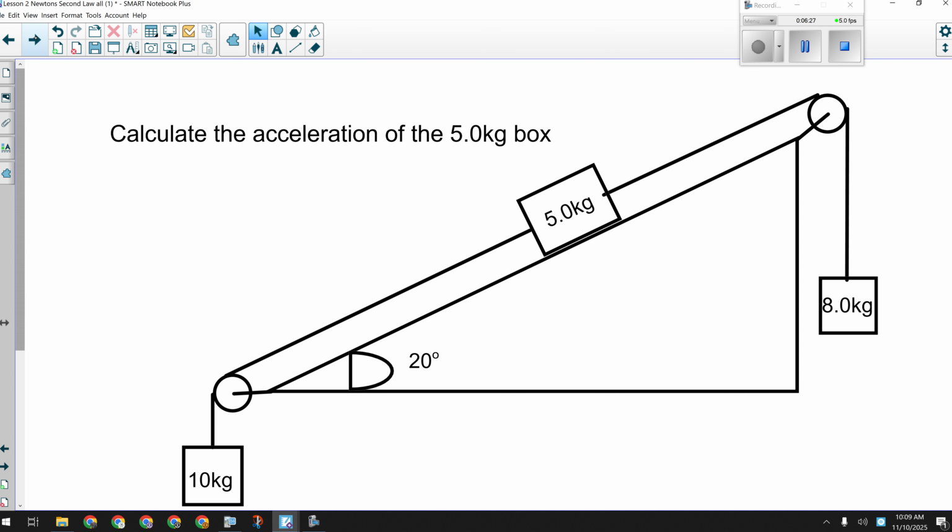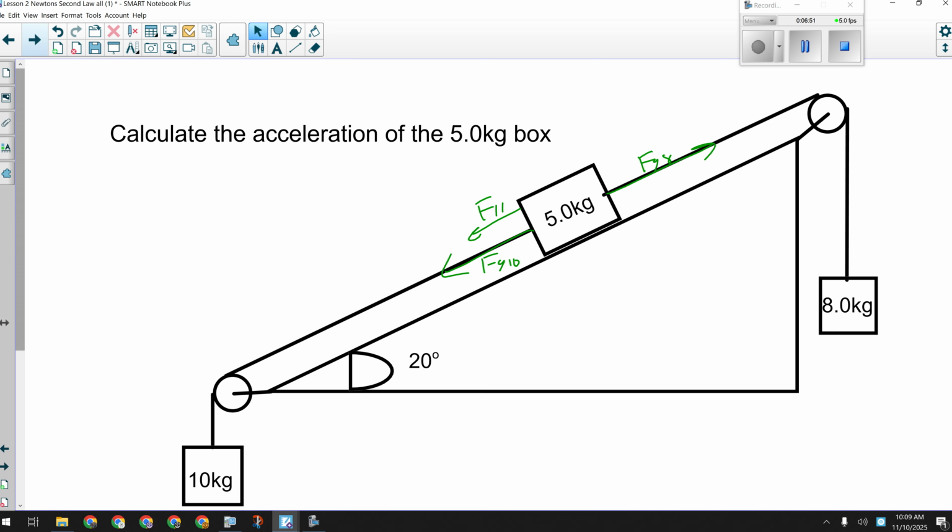Okay, when this one comes right down to it, on that 5 kilogram box, there's this force here, the gravity from the 10. Okay, this force here, that's the gravity from the 8. And F parallel on the 5 kilogram box. It doesn't mention any friction. There's really 3 forces here.